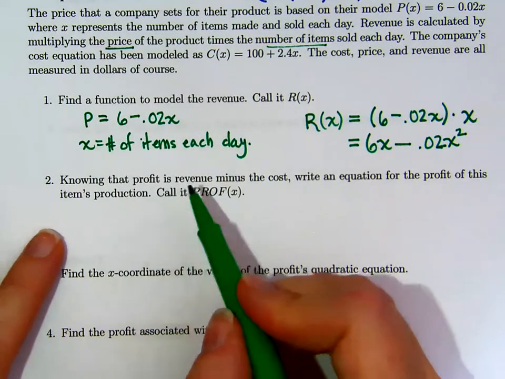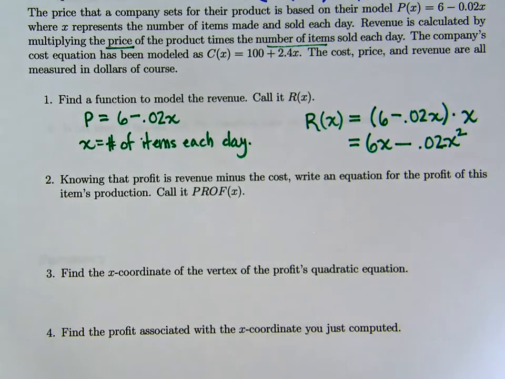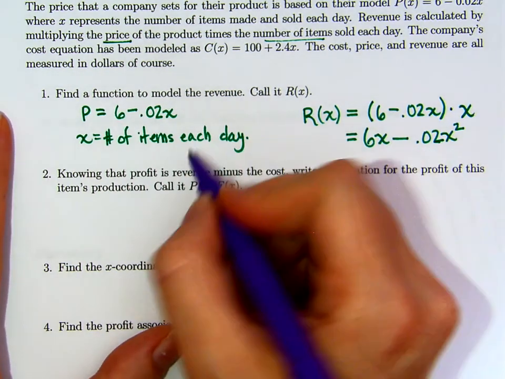Knowing that profit is revenue minus cost, write an equation for the profit of this item's production. Call it prof. Okay, so profit is revenue minus cost.